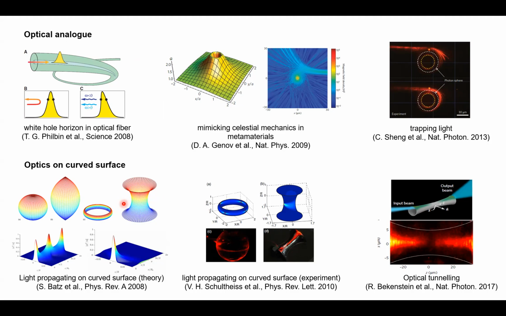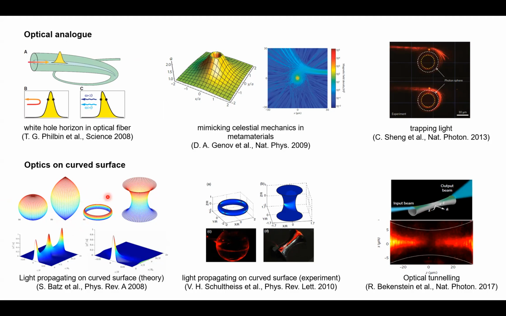The other side is to directly embed the curved surface into three-dimensional space, like these surfaces of revolution. It allows light to propagate on such a surface.